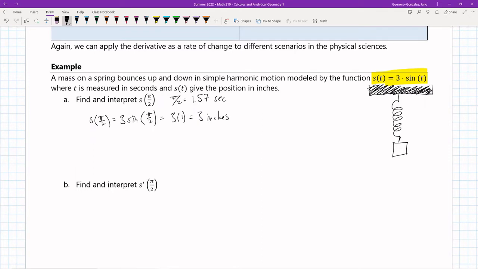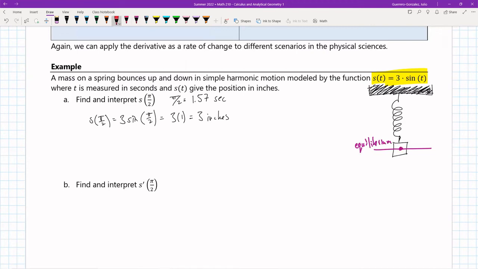In physics, suppose you just let it hang there. This is what we call equilibrium. This point right here is equilibrium.